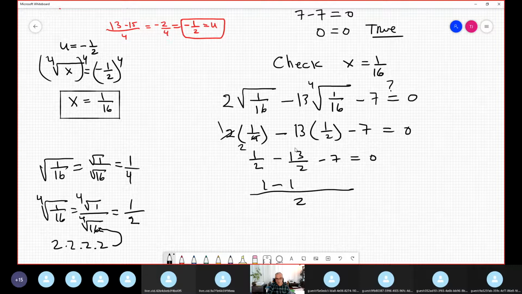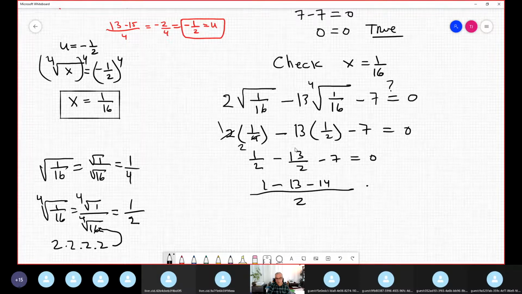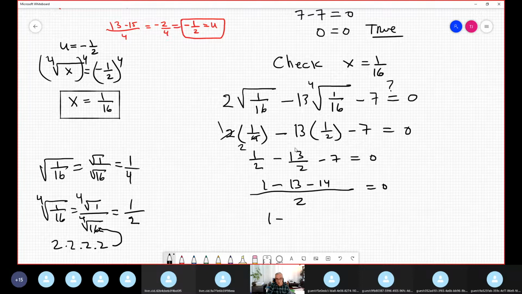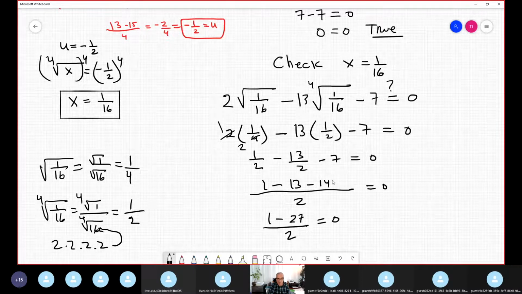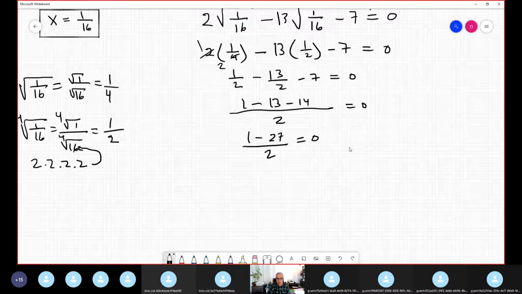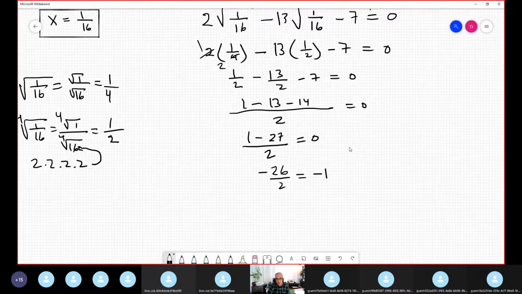So 1 minus 13 minus 14, since 2 times 7 is 14, is equal to 0. I suppose that this is complete. It's wrong. This is 1 minus 27, and 27 divided by 2 is obviously completely false. This is 1 minus 27, which is negative 26 over 2, which is negative 13. And negative 13 equal to 0 is completely false.